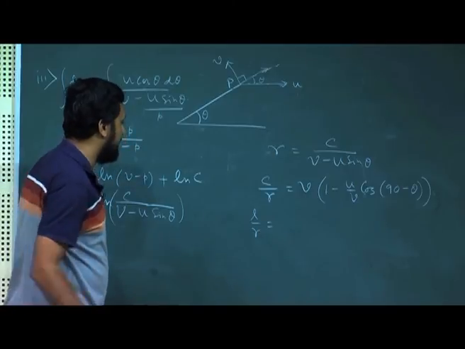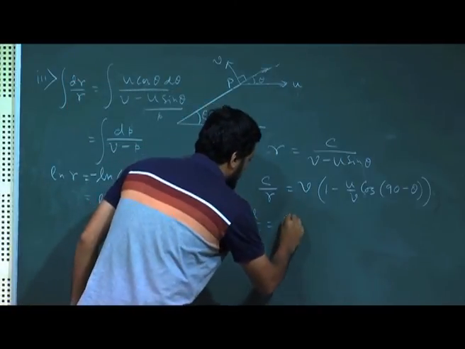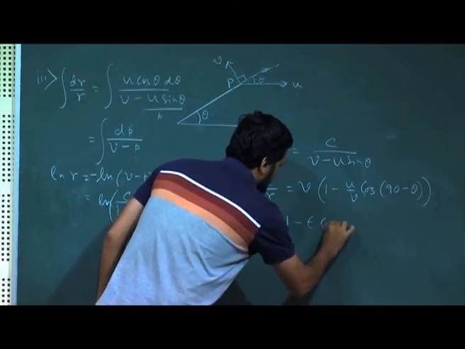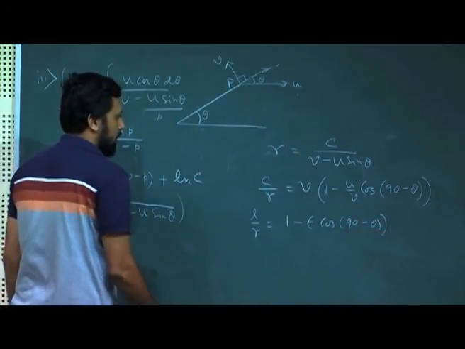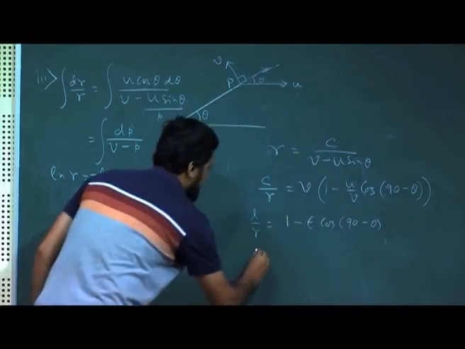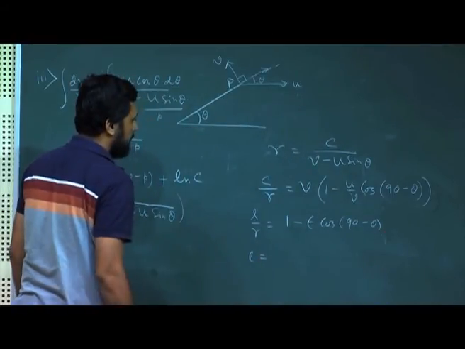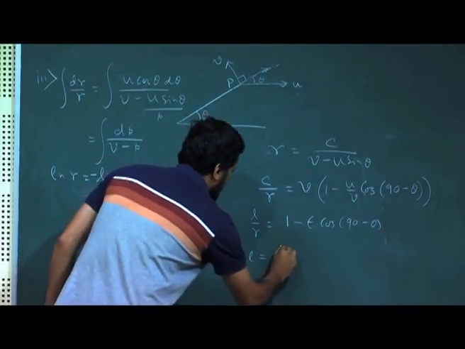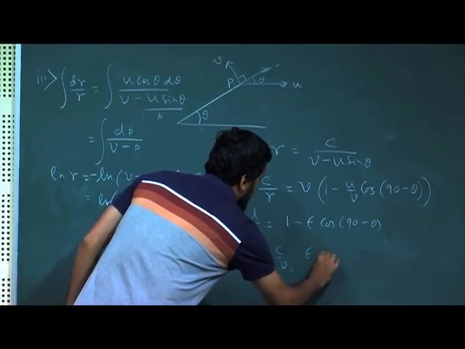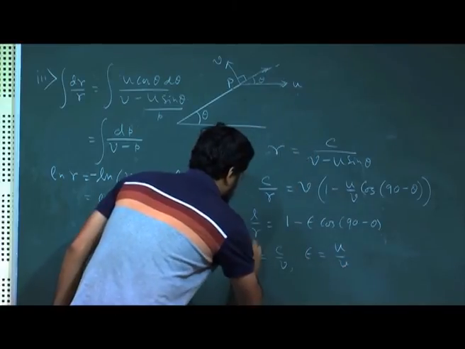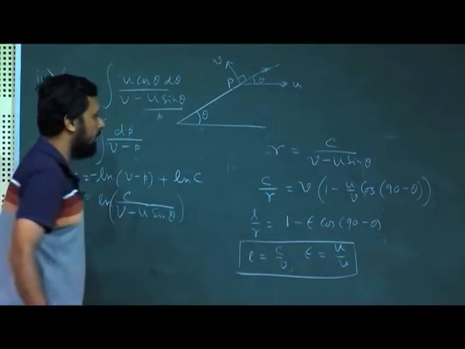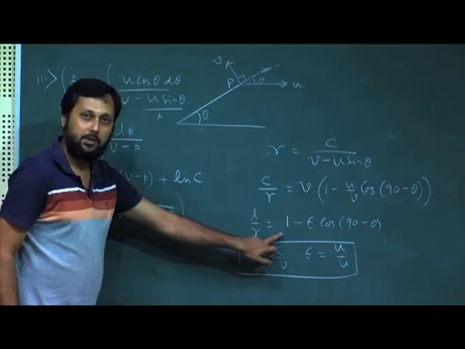So, we see L by R is equal to 1 minus epsilon cos of 90 minus theta, with L is equal to C by V, epsilon is equal to U by V. Okay. So, we could bring it down to the familiar form.